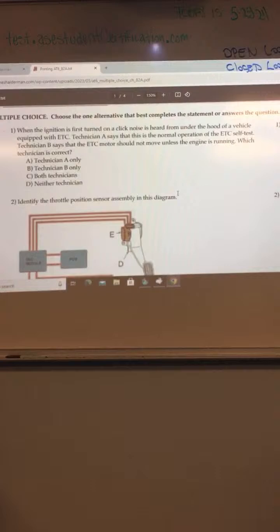The one I was iffy on was B, a quick noise heard from under the hood. This is normal operation. That is normal operation. I was iffy on B though. It's not moving unless the engine is running. If the engine is running, it could idle, at idle speed, if you have it in gear.